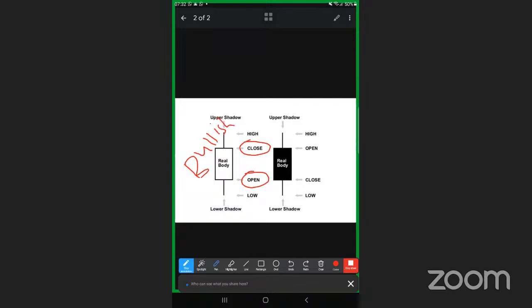Are we together? I'm giving you tricks now to summarize what is here. If the close is above the open, we can say that the candlestick is bullish, meaning the market is rising in this period of time. Why rising? It is coming from the bottom going to the top.